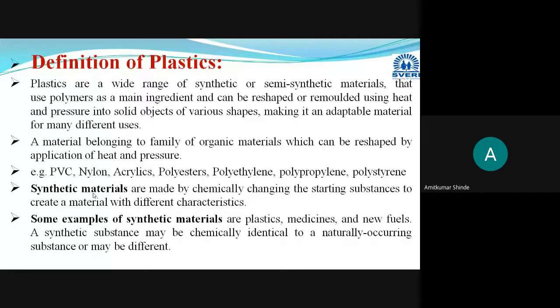And that can be practically usable in industry, for domestic applications or industrial applications. In short, what is the meaning of plastic? In some books, you can find the second point as the meaning of plastic material: an organic material which can be reshaped or remolded. In short, that is what plastic material is.